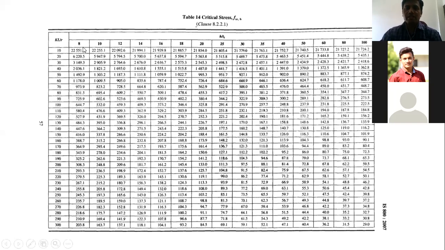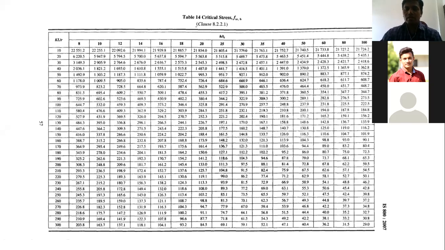The values are given like 8, 10, 12, 14, 16, like this. And the slenderness ratio you also have to calculate. These two values you have to calculate, and you can calculate the value of FCR. This is not the value of FBD, this is the value of FCR.